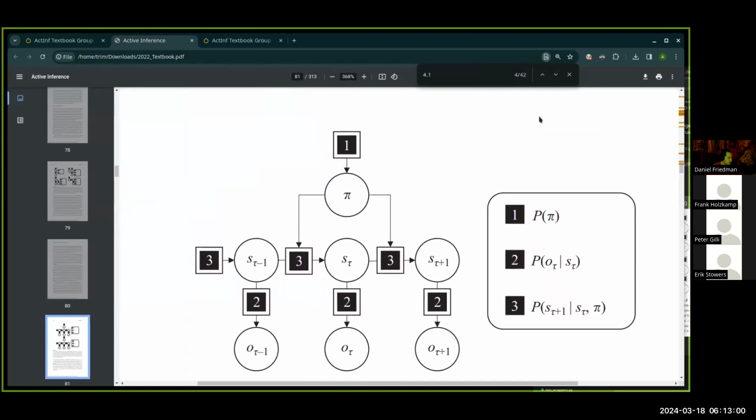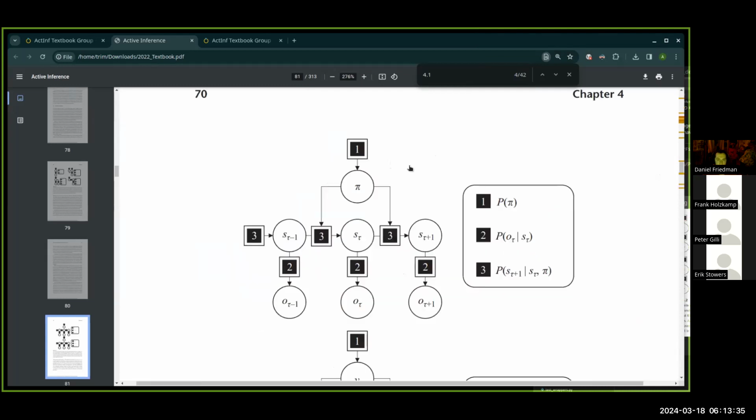So the agent is basically taking in those observations at the bottom of that particular graph that Daniel has zoomed in on. We have these linkages with the hidden states, as we saw before, but now we have policies impacting the state transition as the agent engages in actions or sequences of actions, which is another way of saying what a policy is, in order to impact the changes in the states. So that is the active part of active inference, right?